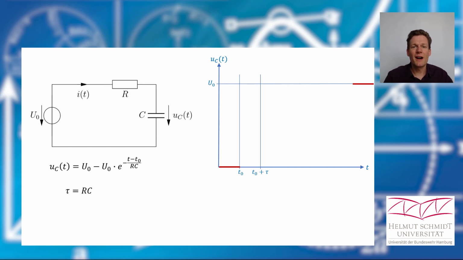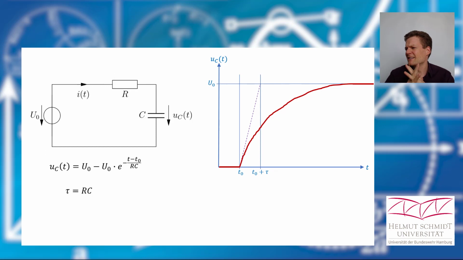And now I draw a straight line, and this straight line is the asymptote of my exponential function in the beginning. And this straight line begins from the moment t0, it ends at t0 plus tau, and from the y-axis it begins at the initial voltage at the capacitor and ends at the final voltage of the capacitor. And now we can draw our exponential function quite well just with a pen, and yeah, this is the best we could do on a paper.